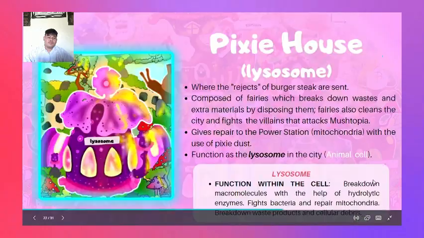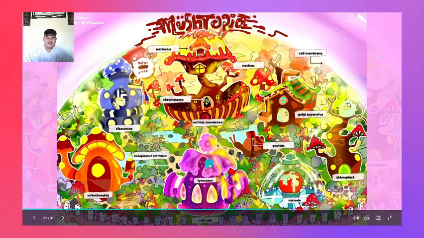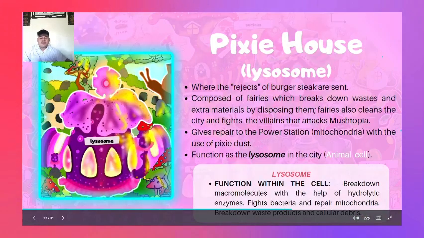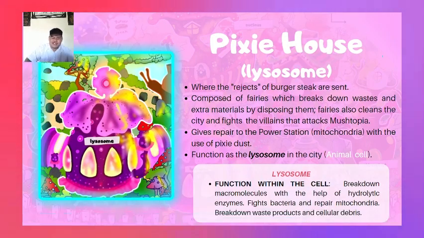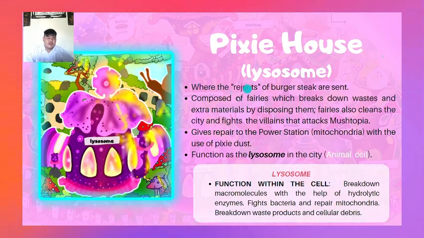Next is the pixie house. This is the pixie house. The pixie house is where the rejects of burger steak are sent. So when there are rejected burger steaks in the post office, they will go to the pixie house because it is composed of fairies which break down waste and extra materials by disposing them.